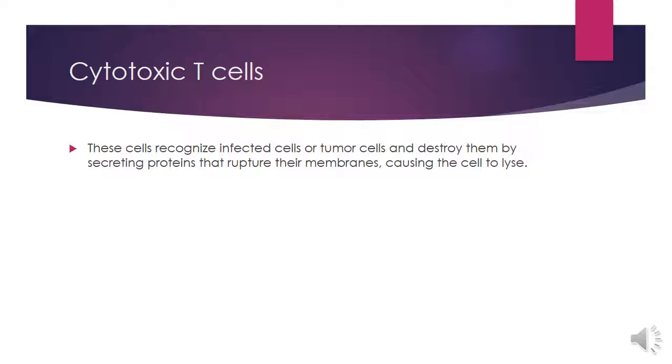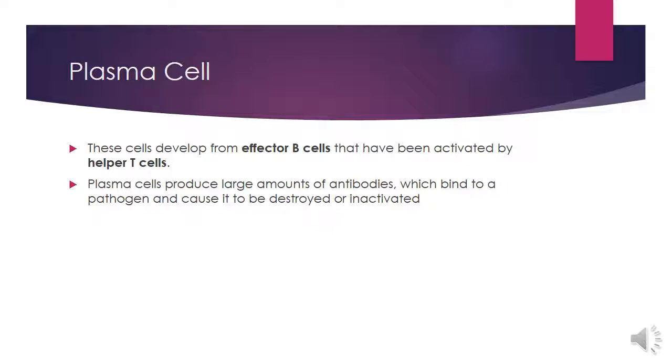Cytotoxic T cells recognize infected cells or tumor cells. They secrete a protein that ruptures the membrane, causing the cell to lyse or break open. Plasma cells develop from your effector B cells, and they also, like we said before, have been activated by helper T cells.